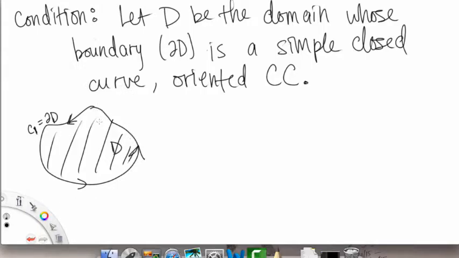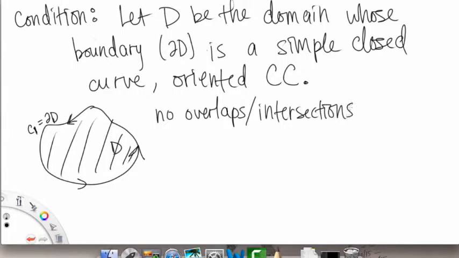So in a simple closed curve, what I've depicted here is a simple closed curve. It's simple, first of all, because there are no overlaps or intersections of the curve. And it's closed because it's not open. There's no way you could get in, because there are no doors or openings on the loop.